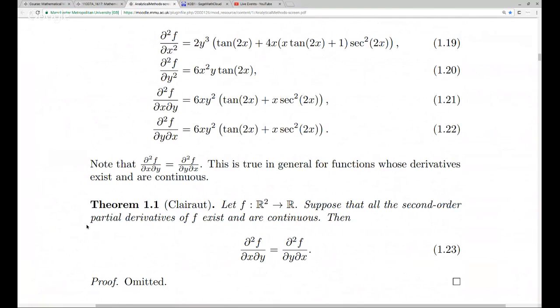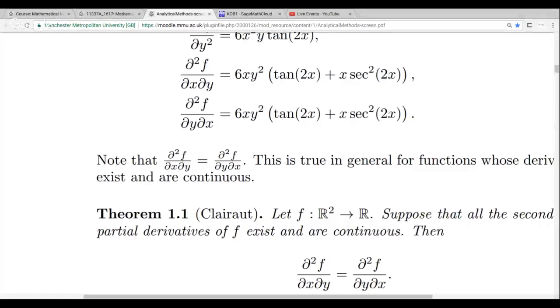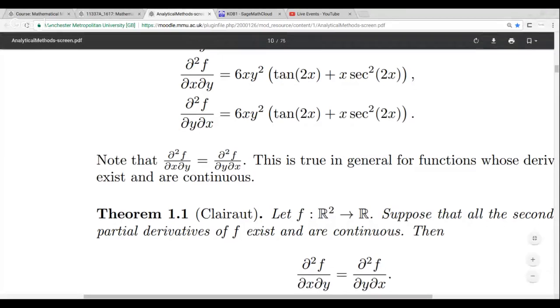Let's go on to the next section, 1.5. We'll do some more examples. So in this example 1.4, there's nothing to stop us doing this. We've just looked at functions of 2 variables so far, but equally well we can apply this technique and these definitions to functions of more than 2 variables.